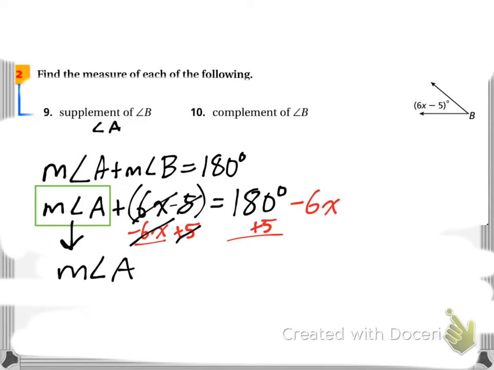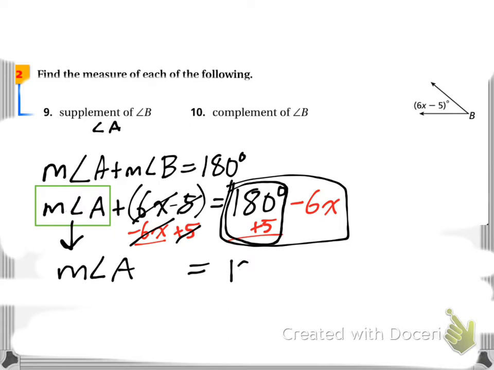We've got these to cancel out. And we are left with all of this stuff here. So I know that 180 plus 5 is 185. And I'm left with a minus 6x.